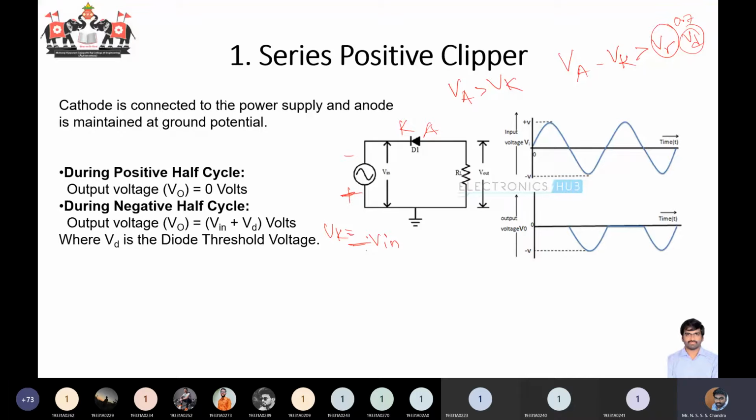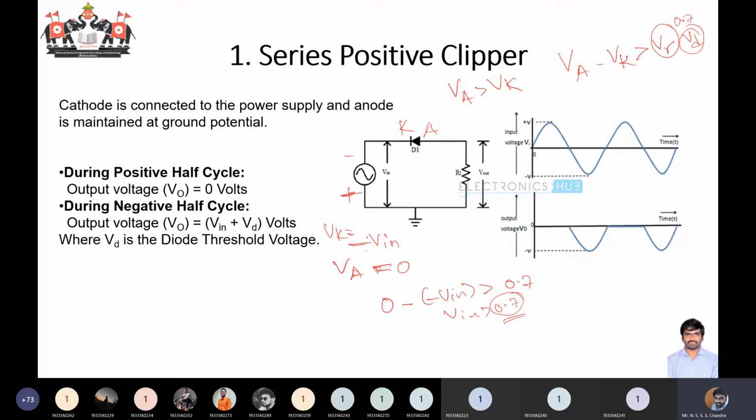So 0 minus of minus Vin should be greater than 0.7 volts. So Vin should be greater than 0.7 volts or Vd. If this condition is satisfied, your diode will be in on condition. Here I am considering only the magnitude. Then what happens?